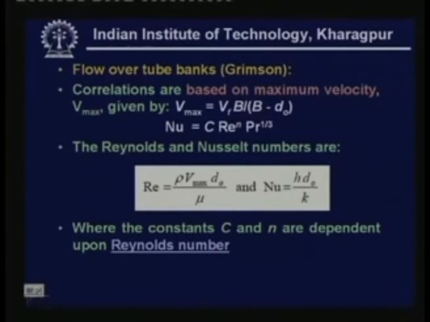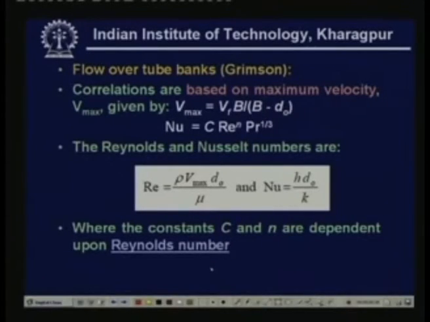So the expression is like this: Nu is equal to C into Re to the power of n into Pr to the power of 1 by 3, where Re is the Reynolds number and Pr is the Prandtl number. The Reynolds and Nusselt numbers are defined like this: Re is rho into V max into D naught divided by mu. You have to be very careful how the Reynolds and Nusselt numbers are defined. Here it is defined in a slightly different manner.